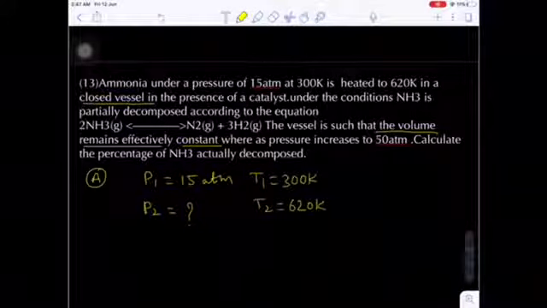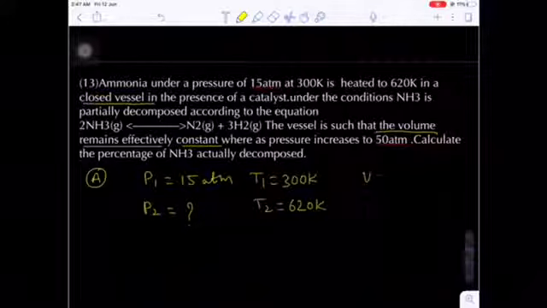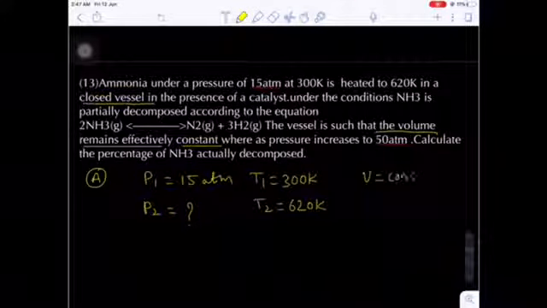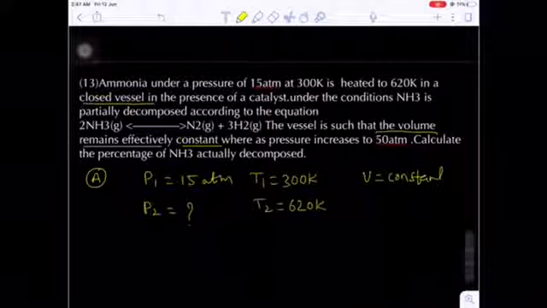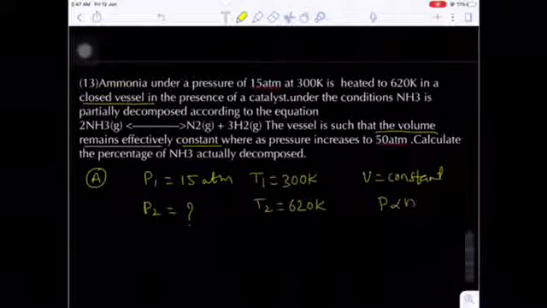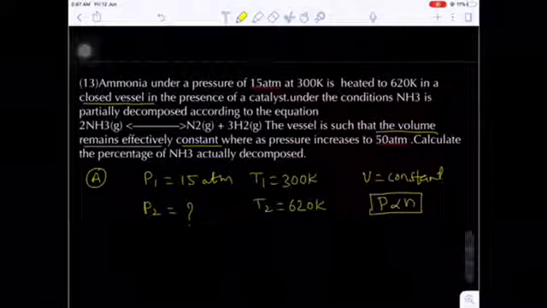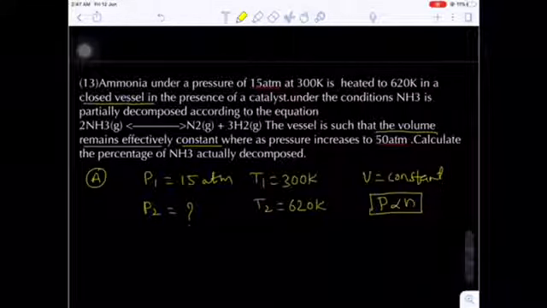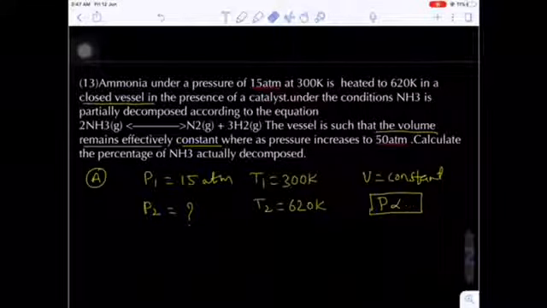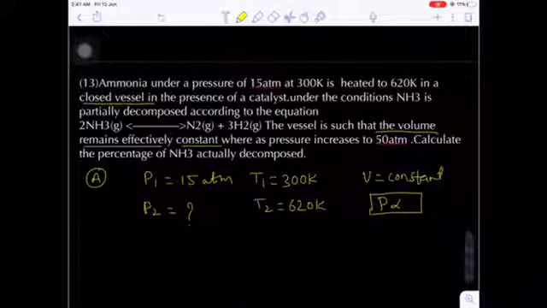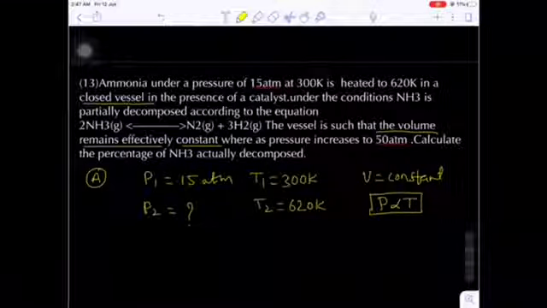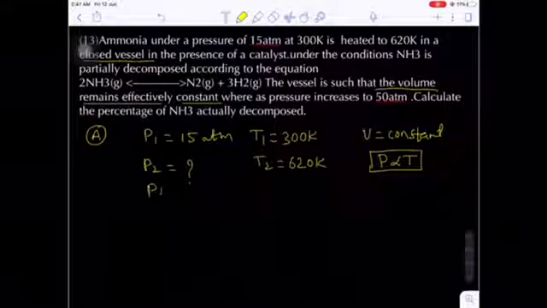When the temperature increases, pressure also increases. Here the container volume is constant, so we know Gay-Lussac's law: pressure is directly proportional to absolute temperature, keeping the volume constant.